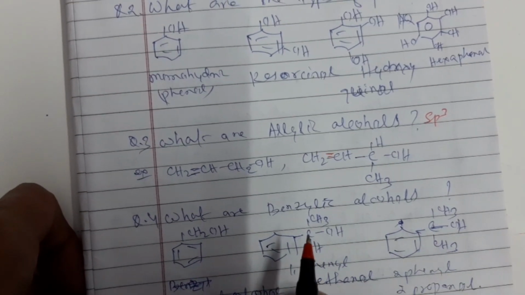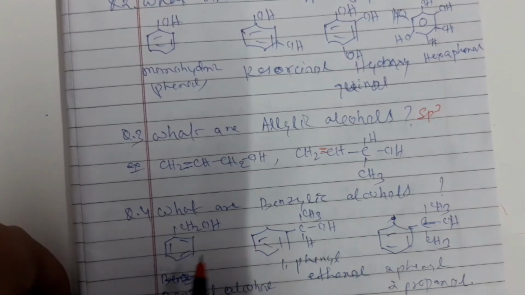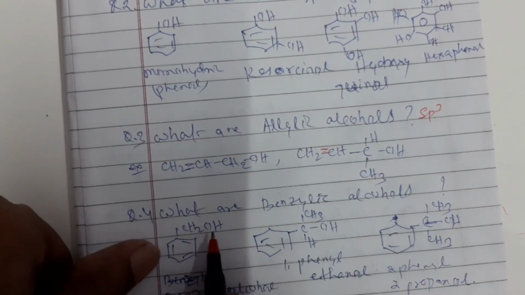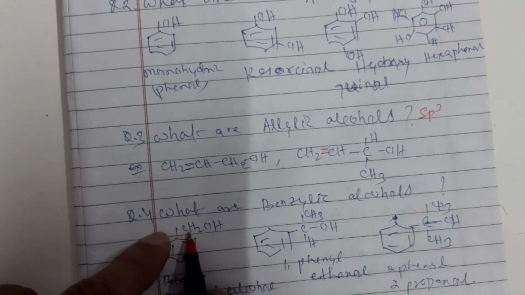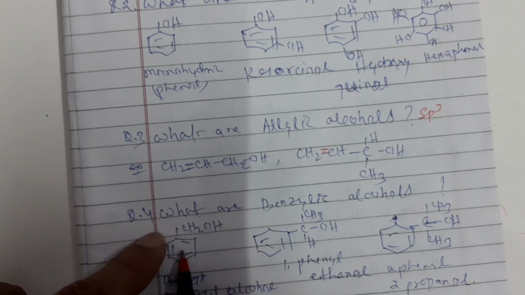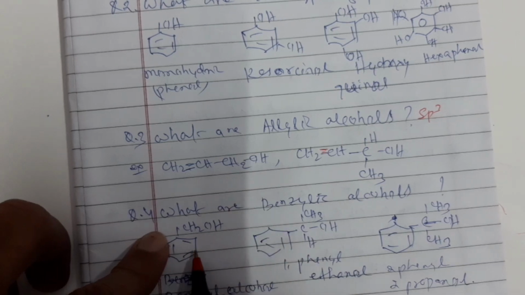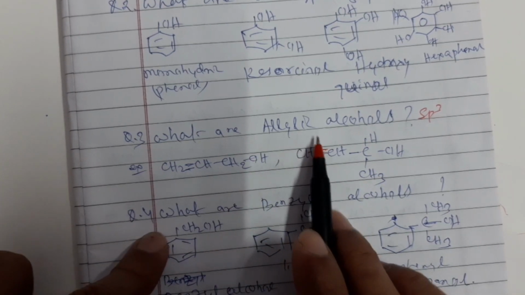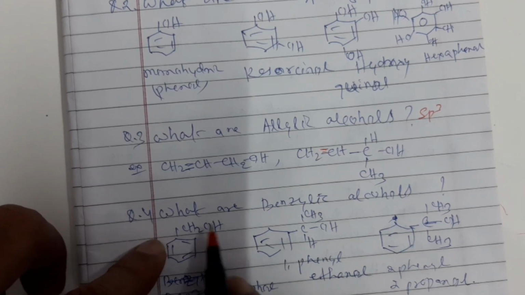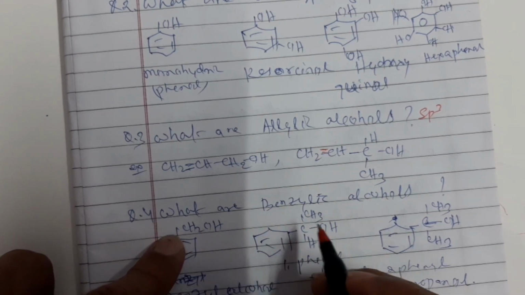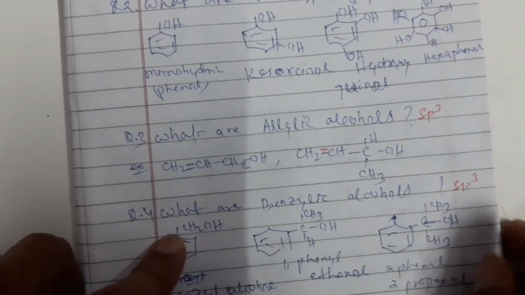What are benzylic alcohols? You see, benzylic. See, the OH group is attached to the carbon atom which is attached to the benzene ring. You compare these two, question number 3 and question number 4. Allylic and benzylic. So here also the OH is attached to an sp3 hybridized carbon atom.